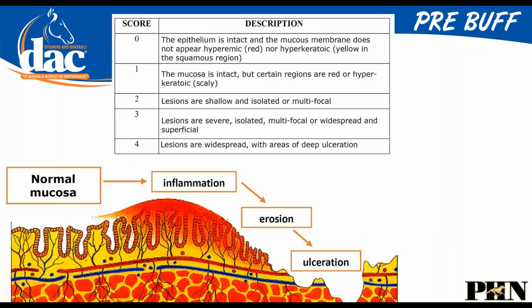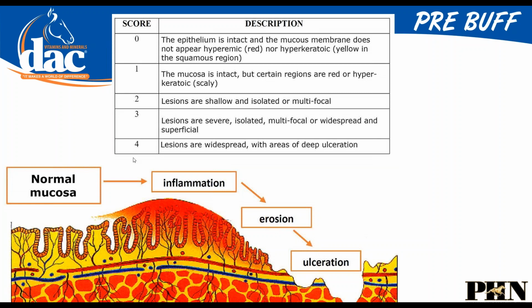We don't want inflammation to develop. So we want to hold that acidity right there so that we don't cause inflammation, we don't cause erosion, and we don't cause ulceration. Because once we get into the inflamed tissue and erosion, we need Cool Gut.